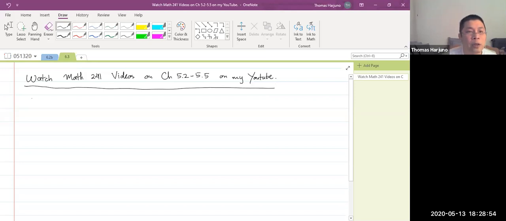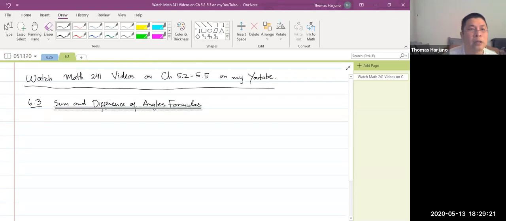Now, what is 6.3? 6.3 is on the sum and difference of angles formula. We have had some identities that I taught you in the past. Basic identity 1 is on ratio and reciprocal.